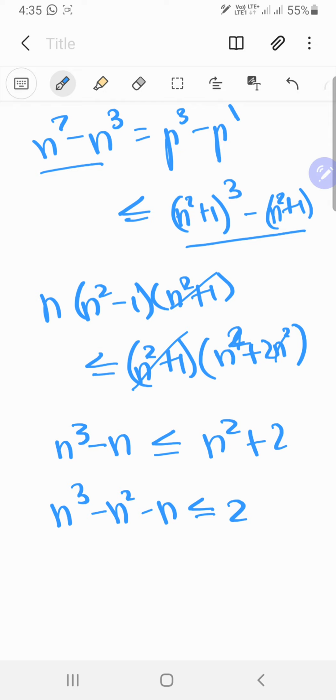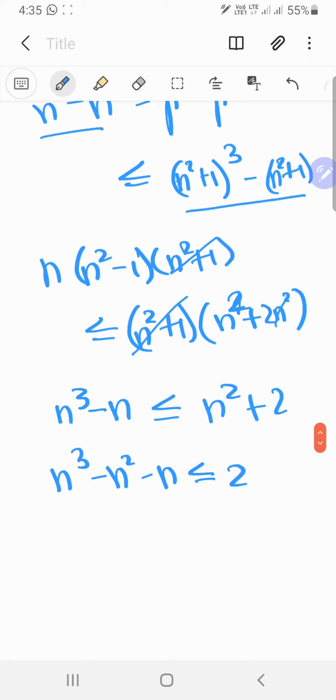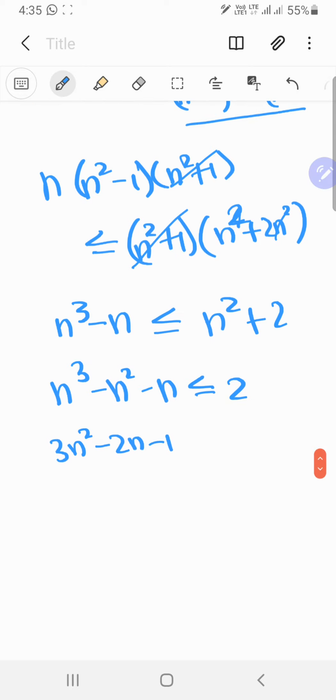And you can clearly see there are not a lot of values which will actually satisfy this, because as we get to the larger values of n, this inequality will obviously break down. First of all, we can see that its derivative is 3n squared minus 2n minus 1, which clearly looks like it can be factored.